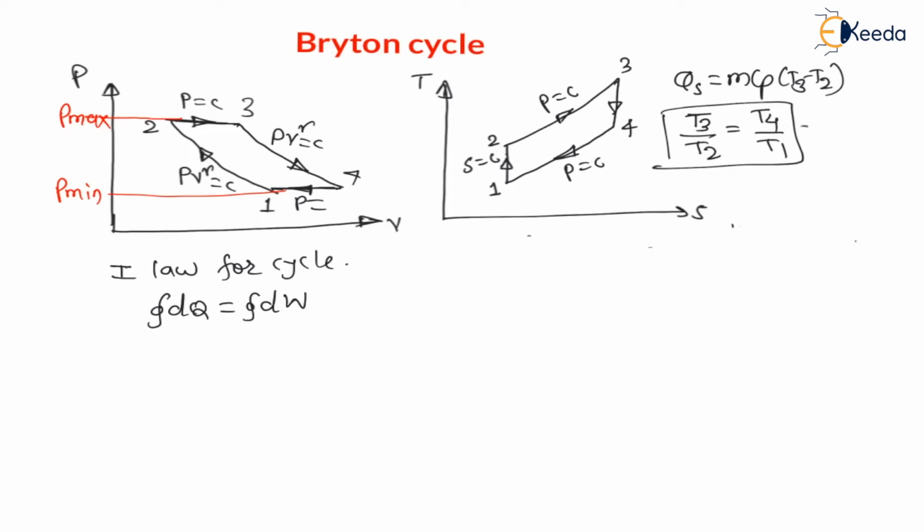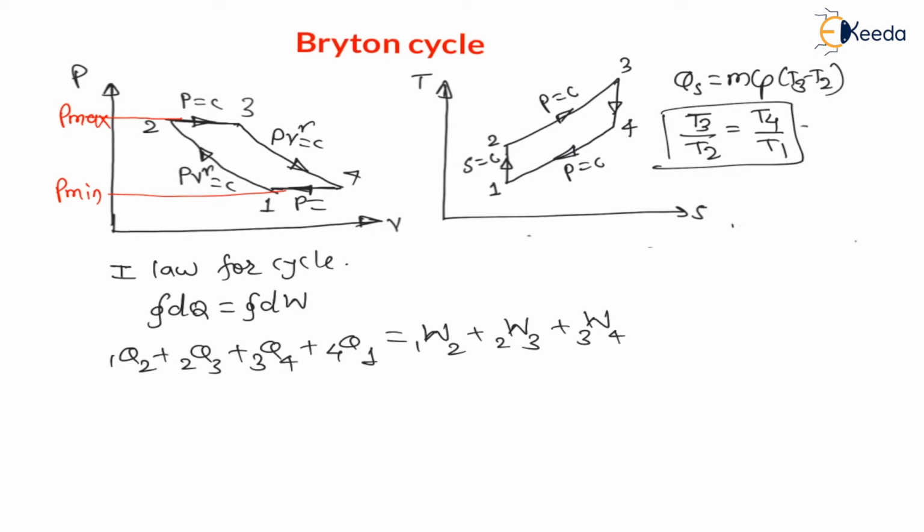This is written as heat of process 1 to 2 plus heat of process 2 to 3 plus heat of process 3 to 4 plus heat of process 4 to 1 is equal to work of process 1 to 2 plus work of process 2 to 3 plus work of process 3 to 4 plus work of process 4 to 1. This is the cyclic integral of heat, and this is the cyclic integral of work.